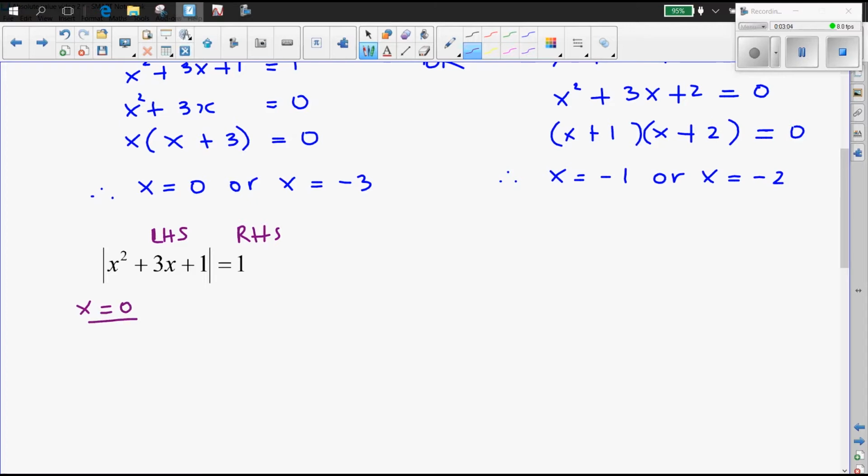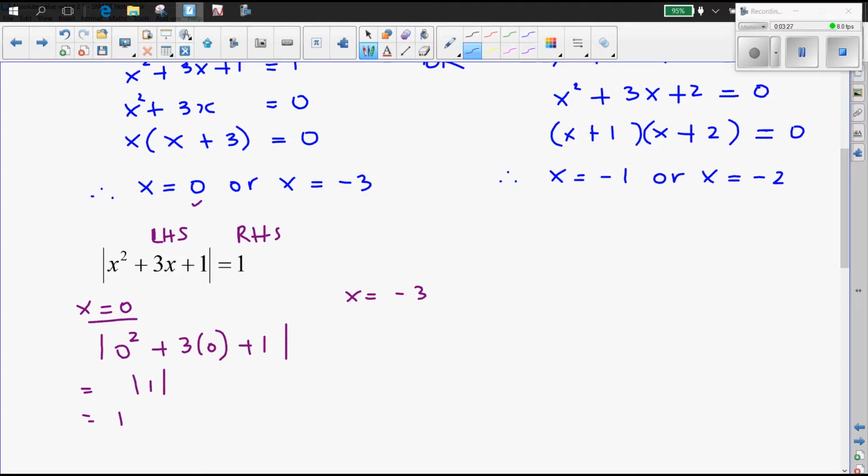If x equals 0, my left-hand side will be the absolute value of 0 squared plus 3 times 0 plus 1, which is the absolute value of 1, which is 1. So x equals 0 is a valid solution. Let's test x equals negative 3.